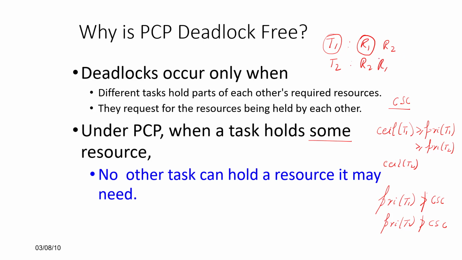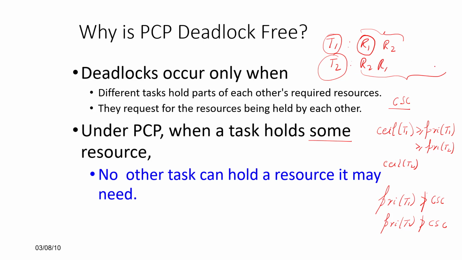So no other task can hold a resource that it may need. Given the fact that once T1 has acquired R1, R2 can simply not go to T2, a deadlock is not possible with T1 being first. The same logic holds when T2 accesses R2 first. Then also a deadlock is not possible, because once R2 is acquired, the rest of the resources T2 will also acquire.